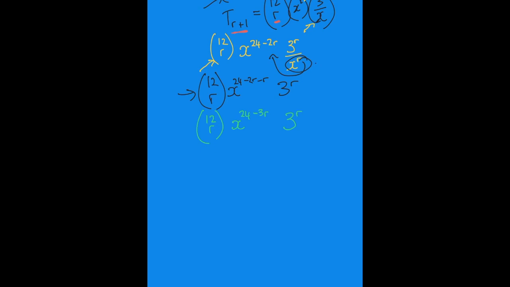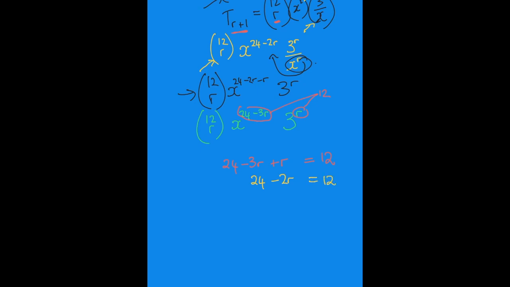Now we know that the power of x here has to give 12 for the x^6... so 24 minus 3r must be equal to 6 in terms of the target power. Can we do something with that? 24 minus 3r is equal to 6.